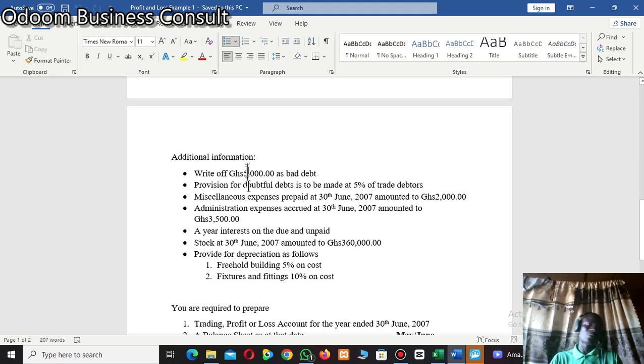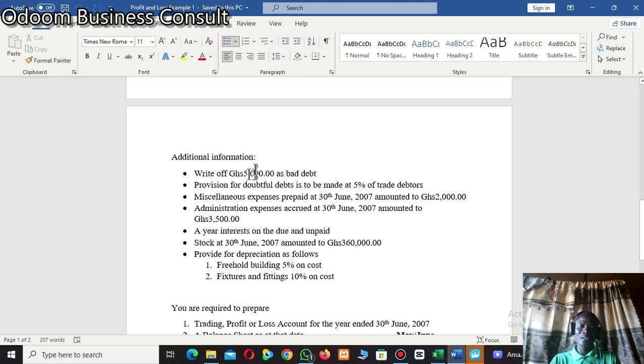This one is a loss because we sold something costing, let's say, 5,000 to a customer, and the customer will not be able to pay such an amount to the company. The company is going to lose the goods that they sold to that customer, and it's a loss. Because it's a loss, it should be included in our profit and loss account.